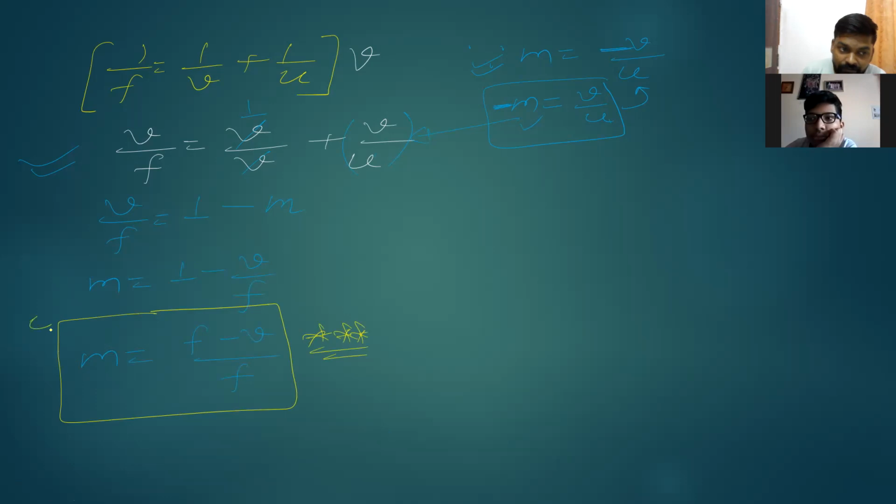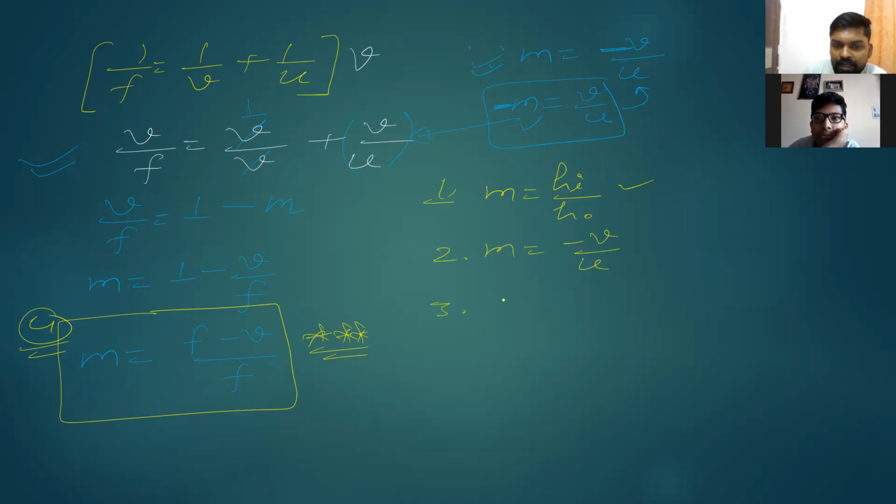So now we have 4 formulas for linear magnification. First is m is equal to hi upon ho. Second is m is equal to minus v upon u.